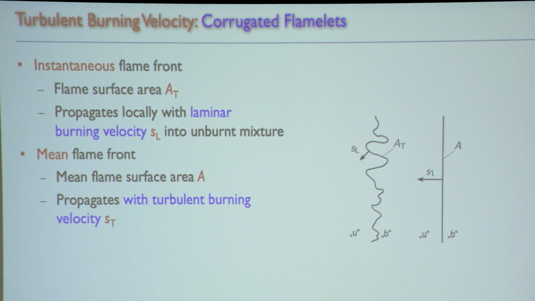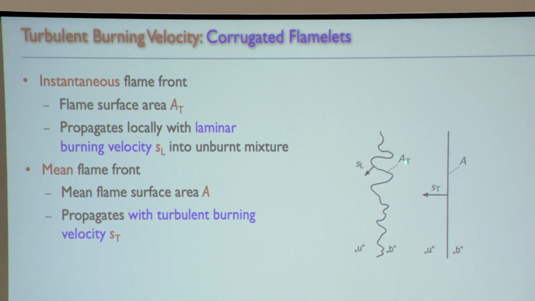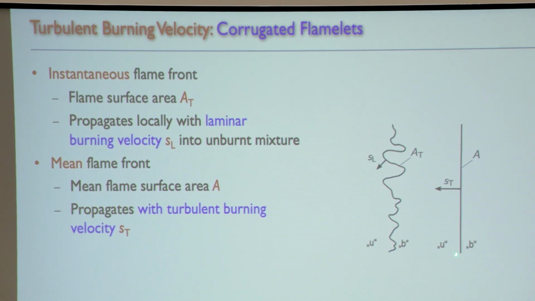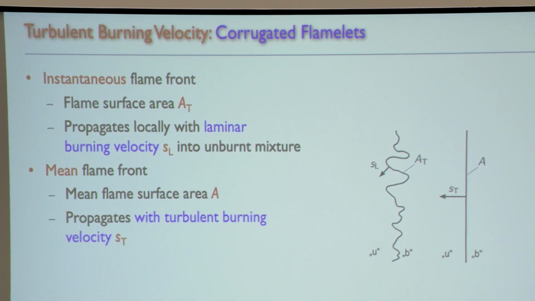But to compensate for this, it burns with a faster velocity, such that it gives us the same mass burning rate as this one. So this has high area and small velocity, and this is a lower area, so it needs higher velocity.